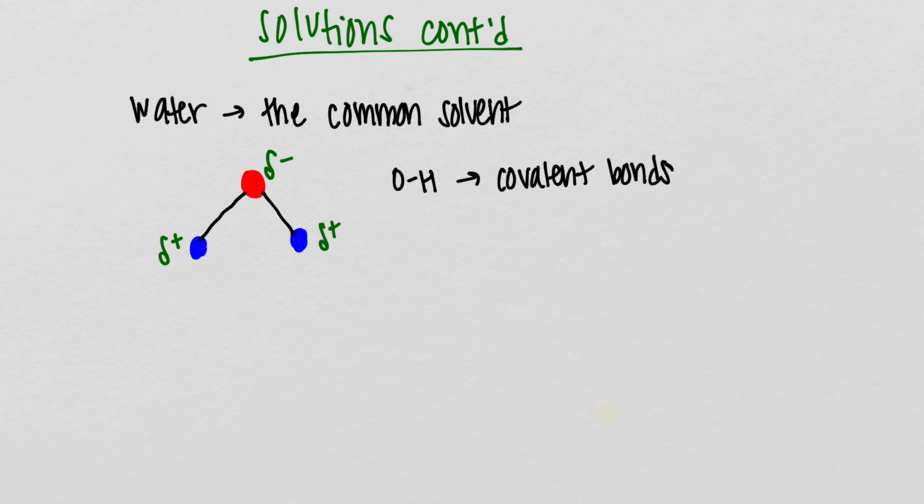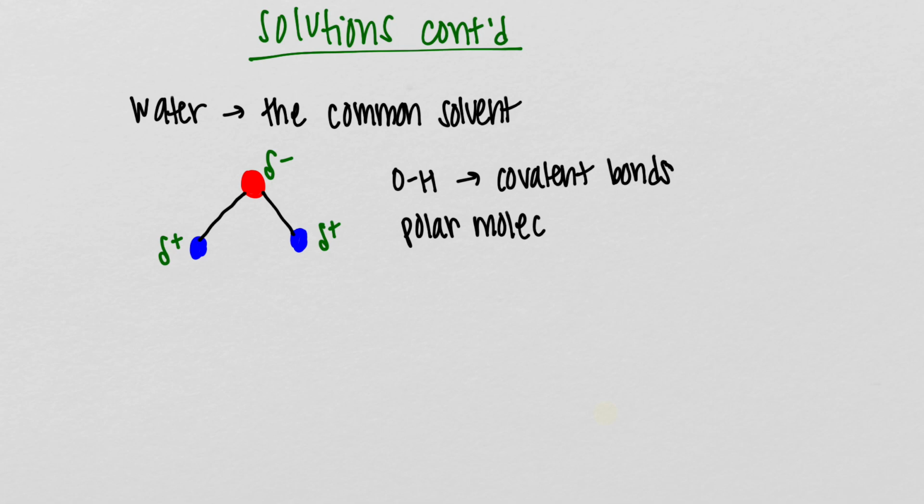So because we have the negative here, positive and positive, that would be considered an unequal distribution of charges, right? Because we have one negative and two positives. This is a polar molecule.